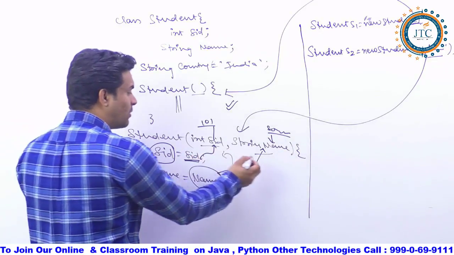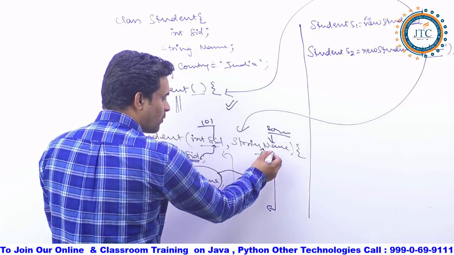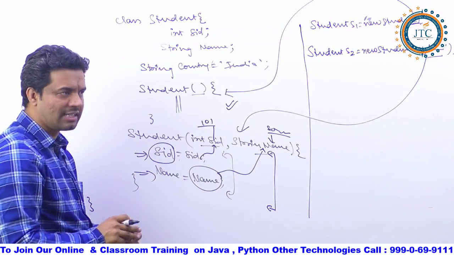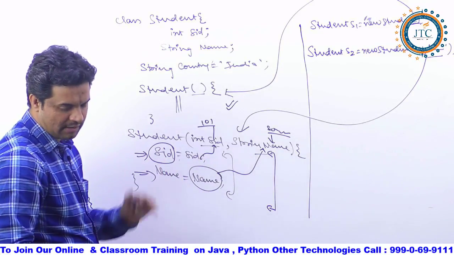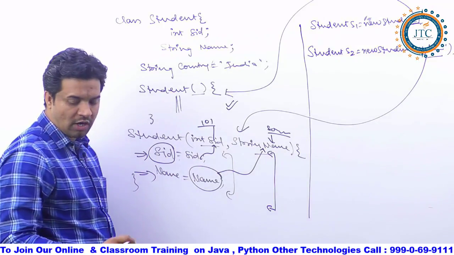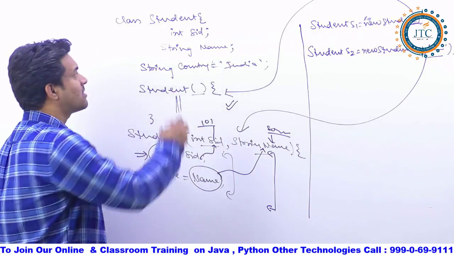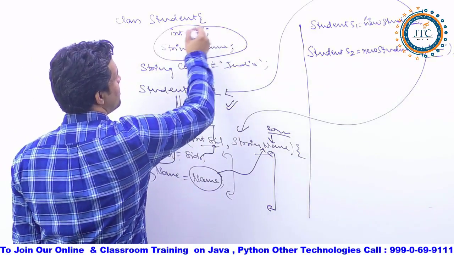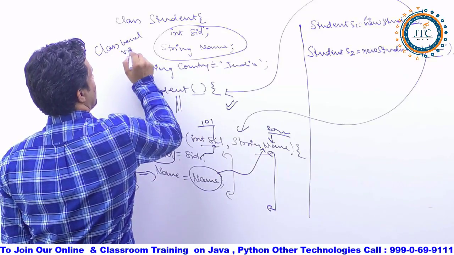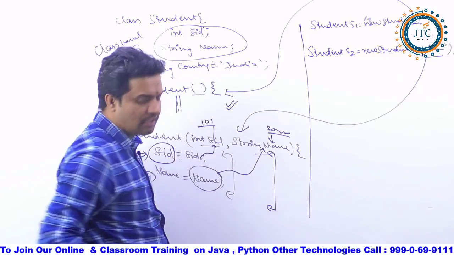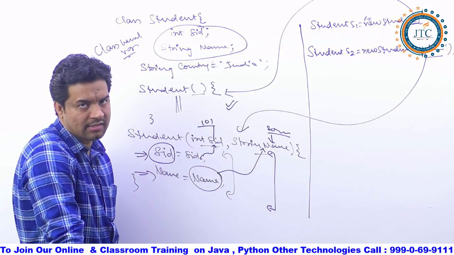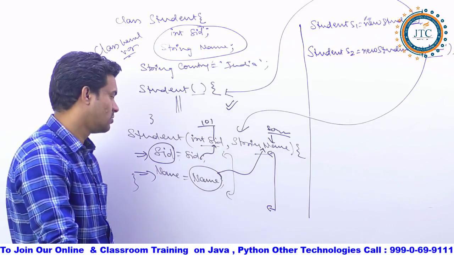It will first try to find the SID in the local context, so it is initializing the values to the local variable itself. So the SID and the name, which are class-level variables, still remain uninitialized.